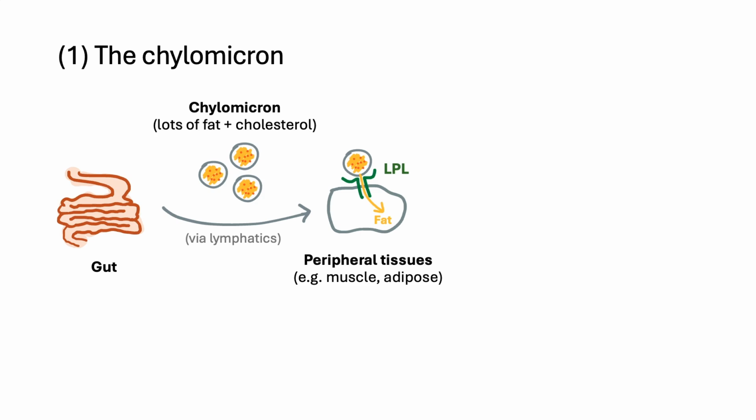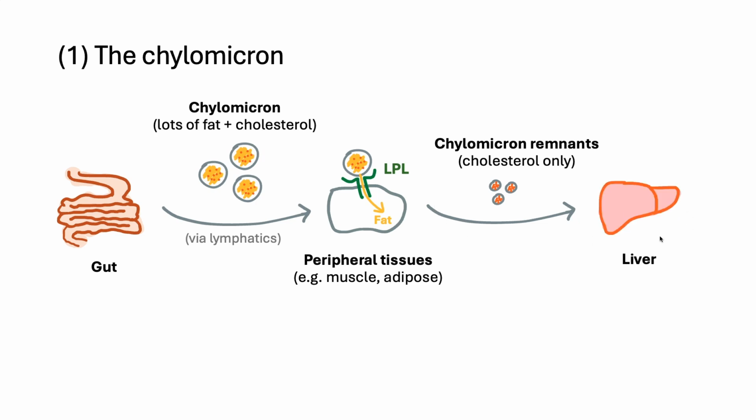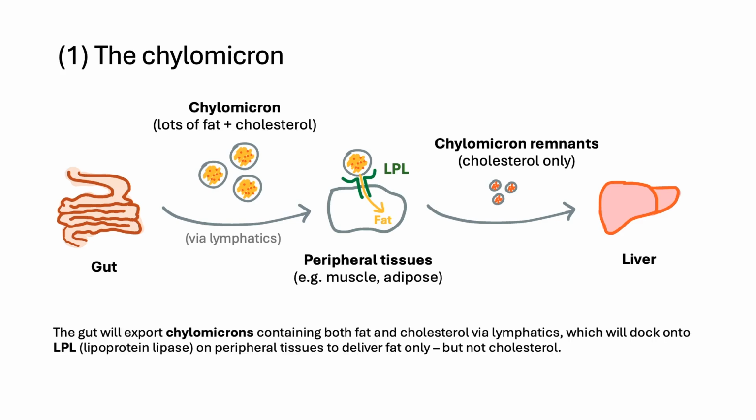So chylomicrons will deliver fat only to the peripheral tissues. And then after it's dropped off the fat, it will leave as a different chylomicron called the chylomicron remnant. There's only cholesterol inside now. And this will travel back to the liver where it gets smashed up.